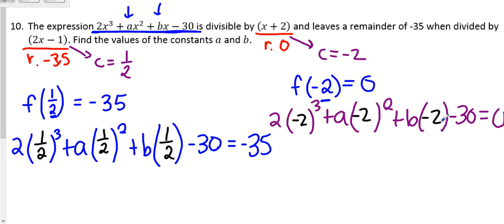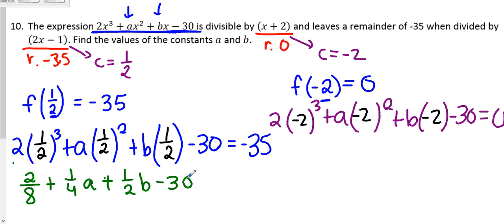Your first step is to go through and multiply everything. So if we start over here, we would have 1/2 cubed, which is 1 times 1 times 1 on the top, and 2 times 2 times 2 on the bottom. So we'll have a 1 on the top, times a 2, so 2 over 8, plus 1/4 a plus 1/2 b minus 30 equals negative 35.